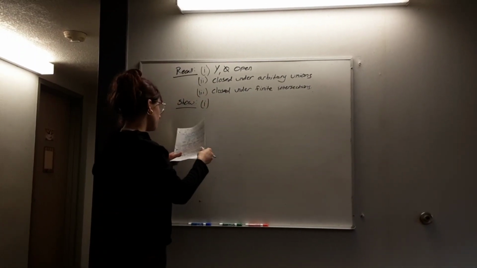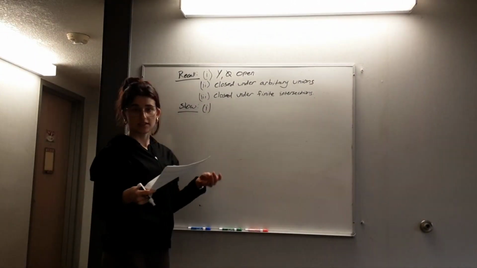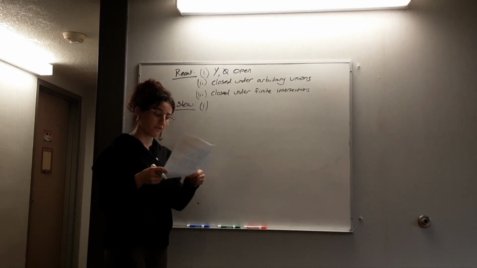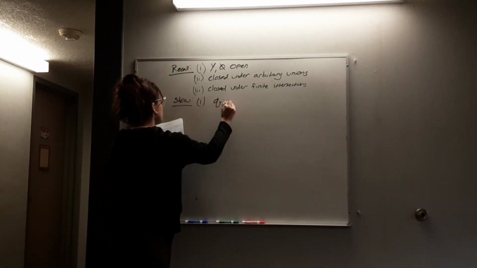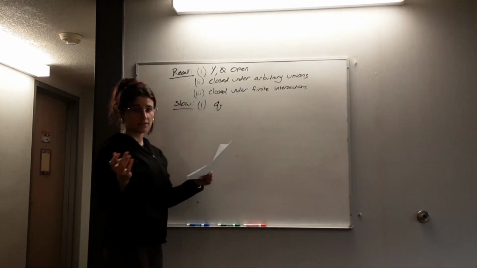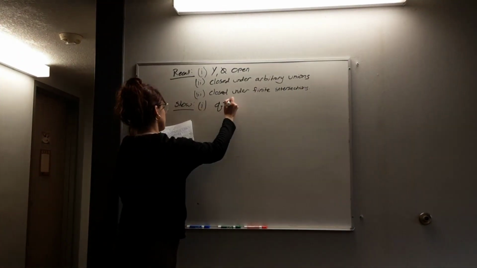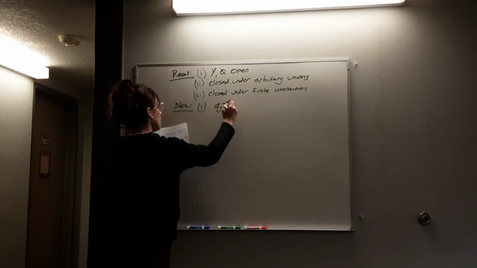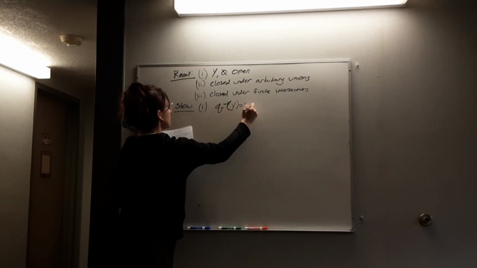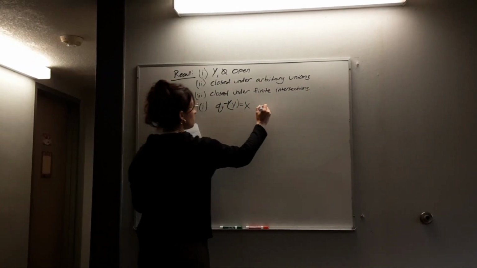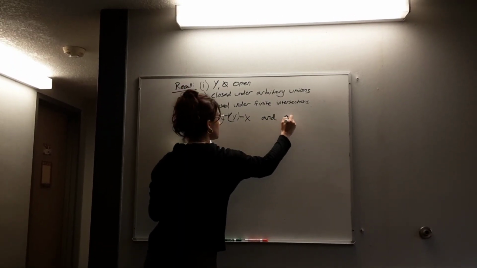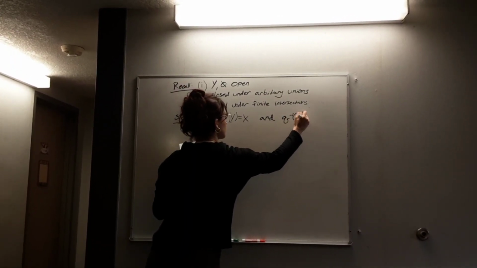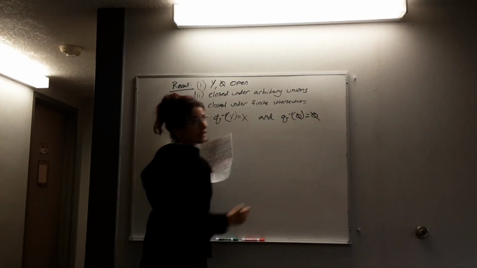So for 1, we're going to just apply the definition that we showed earlier of the quotient topology. So we'll say Q, our function from X to Y. So the inverse of Q of Y equals X. And we know that Q inverse of the empty set is just going to be the empty set itself.